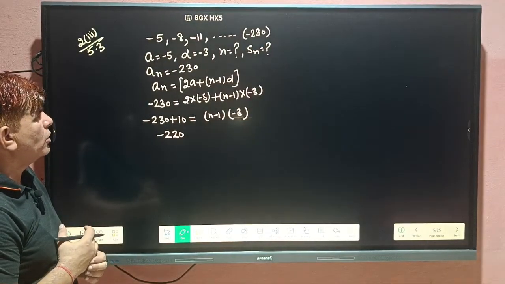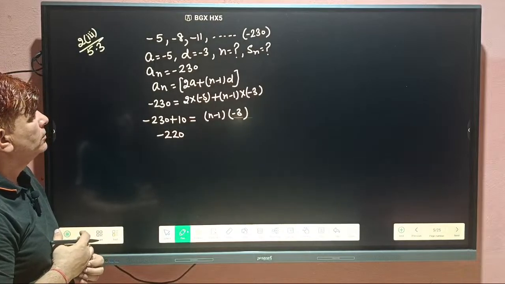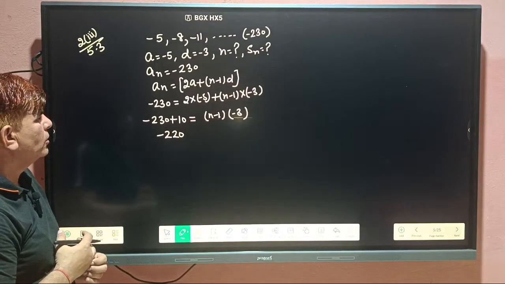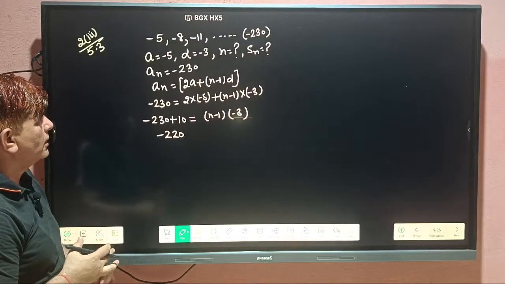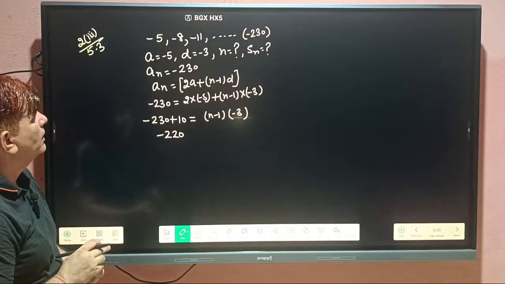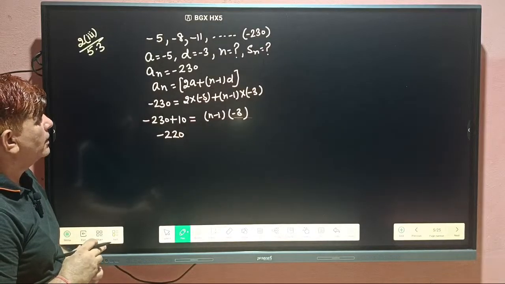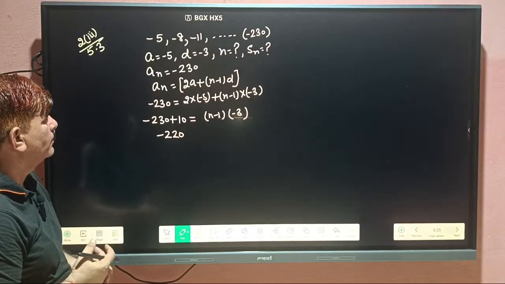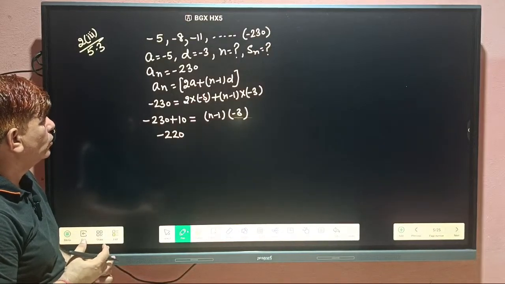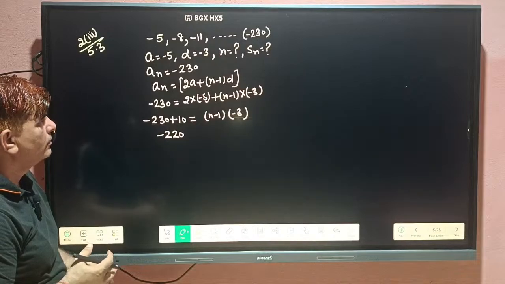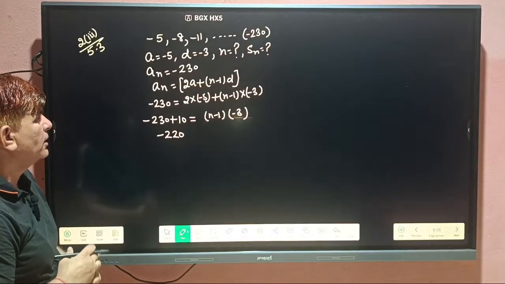Is this possible or not possible? Minus 230. So the first term is this, the second term is this, a_n is this, and the formula is this. 230, 200 minus 20 possible. So you can transfer this in this way.